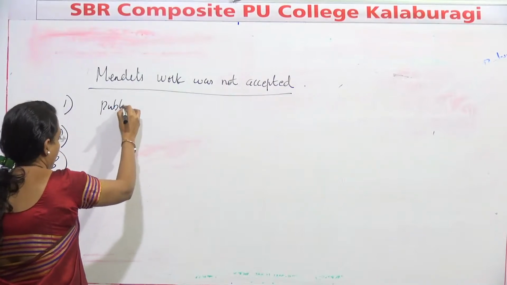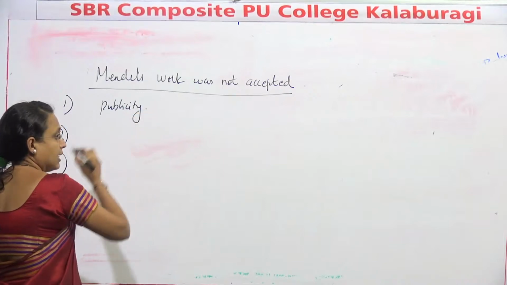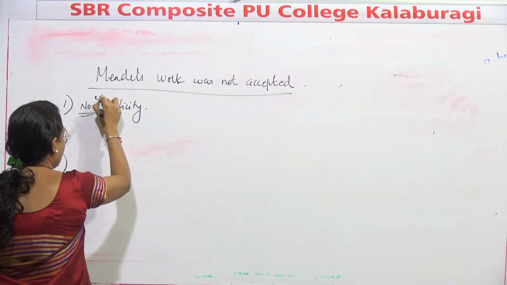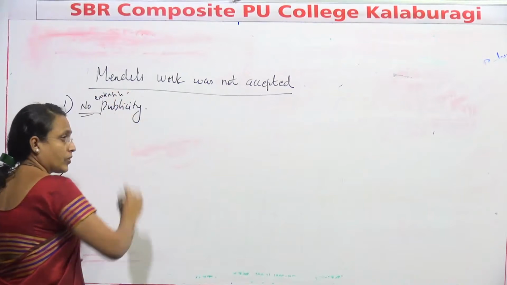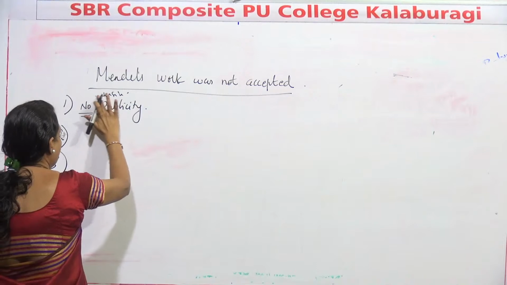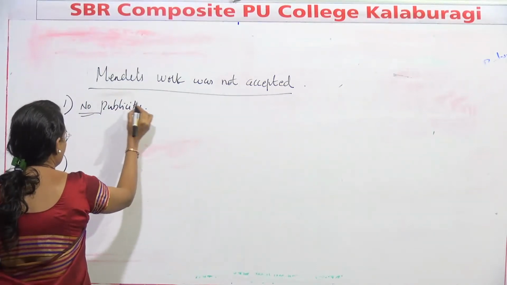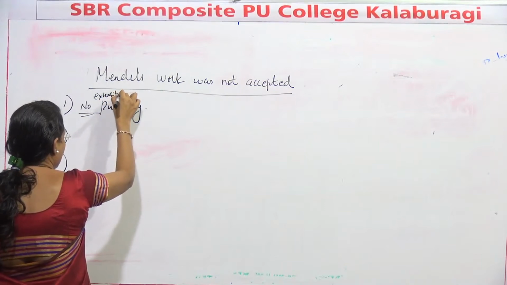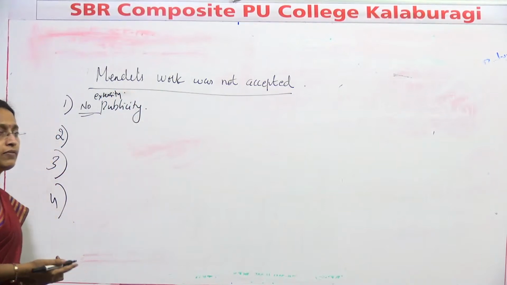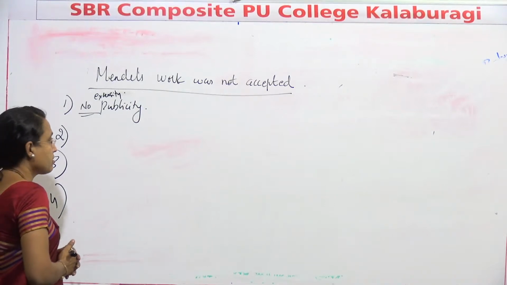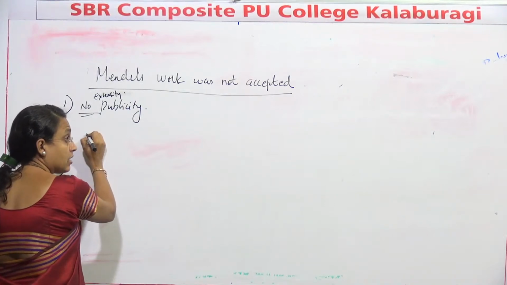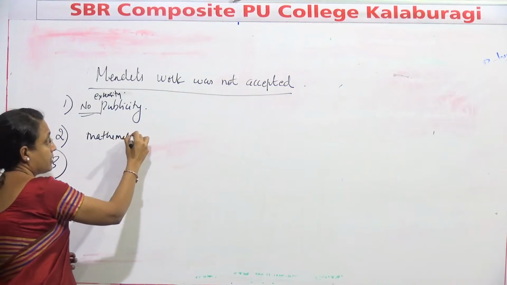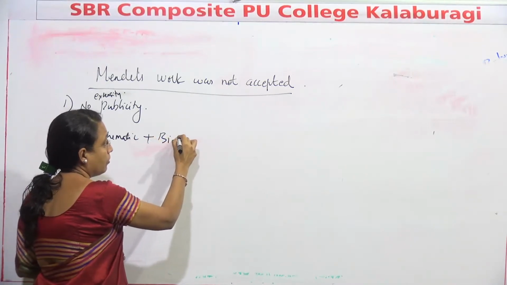Regarding publicity of his work: no extensive publicity, because it was published in a journal which is not famous, with just limited circulation. Then second is mixing mathematics with biology.